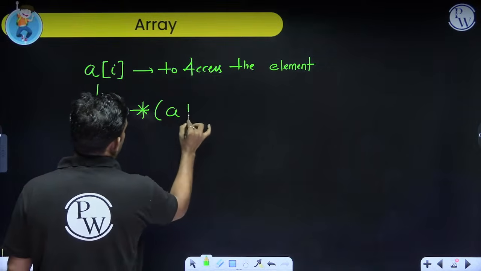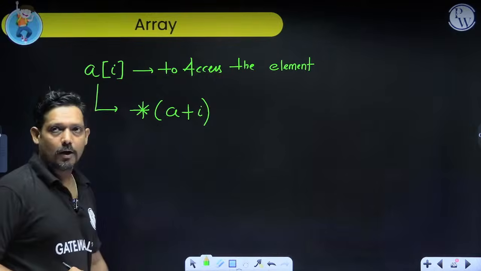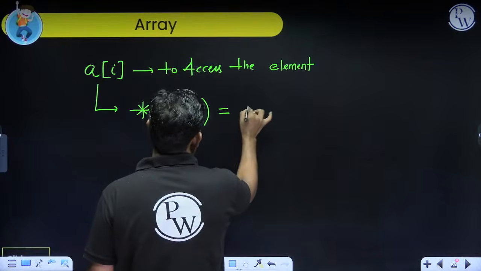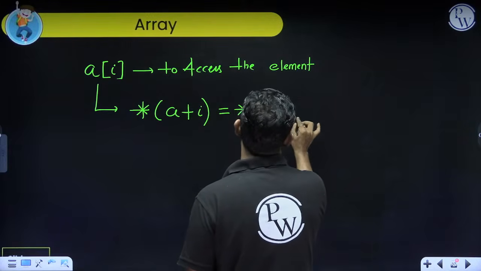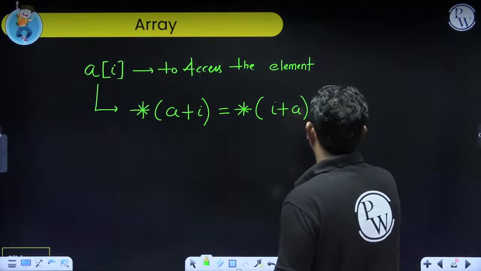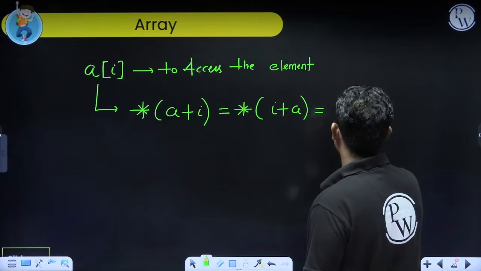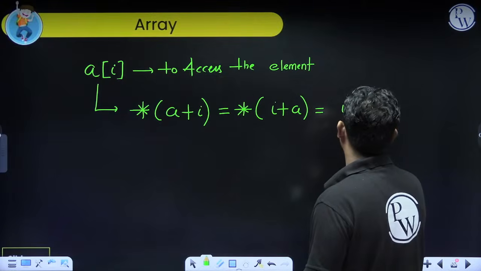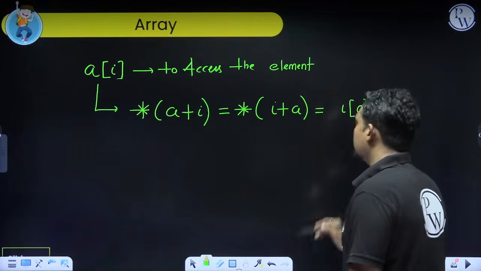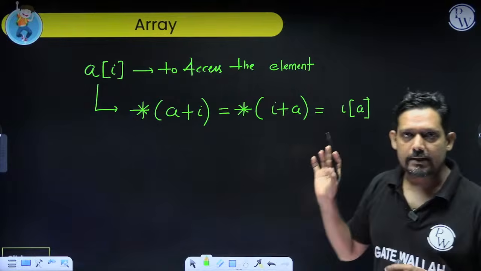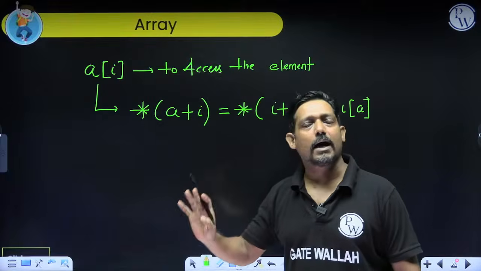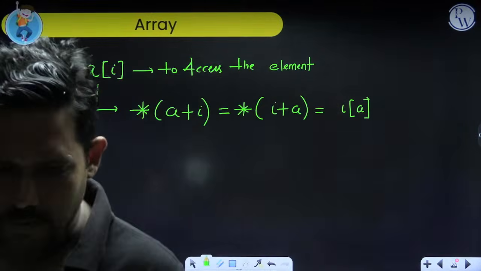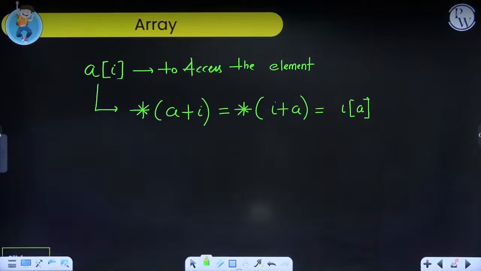Dereference of A plus i is equal to dereference of i plus A, is equal to i of A. I am talking about the C language. Please listen carefully: these four terms are equal. Let me demonstrate, because if I do not demonstrate, you won't believe. Demonstration is important to understand and see.